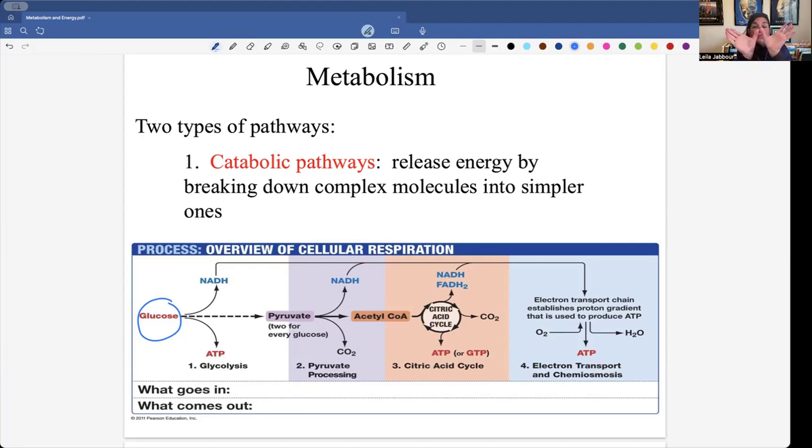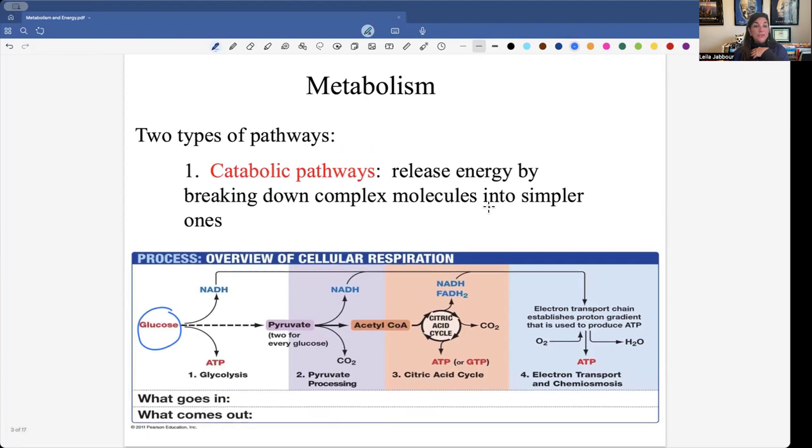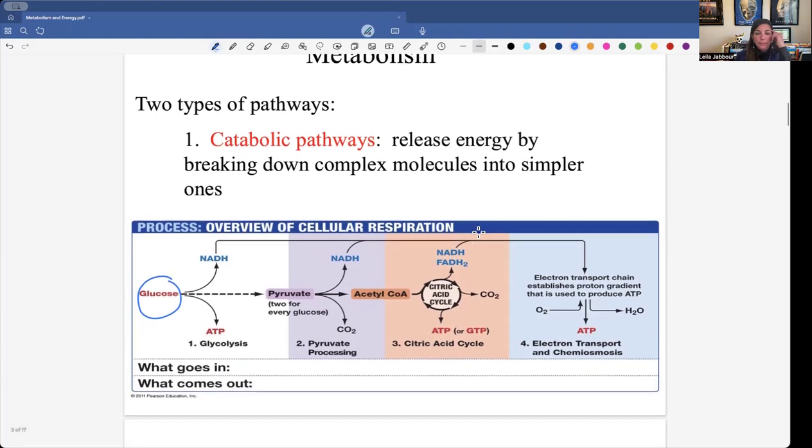So by splitting the 6-carbon molecule into 2 3-carbon molecules, you release the energy from there. Just breaking apart this 6-carbon molecule into those 2 smaller ones releases energy from breaking that bond between the two.